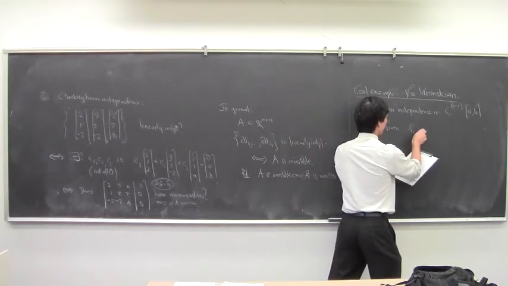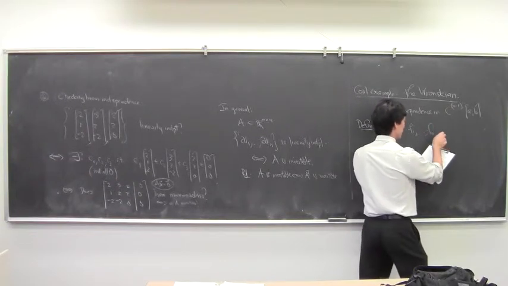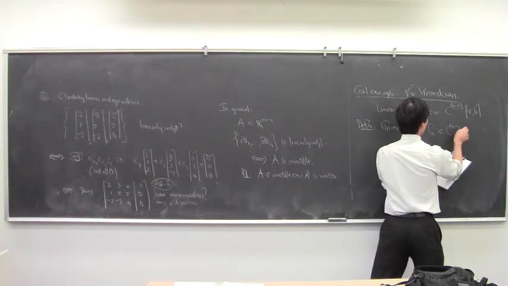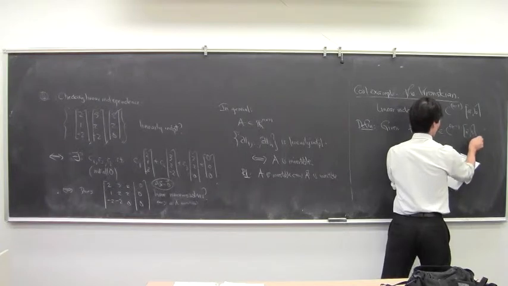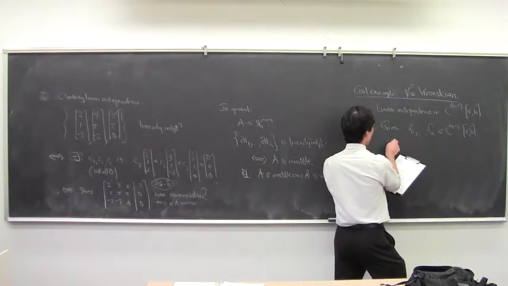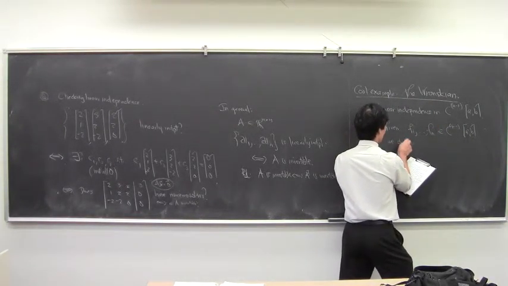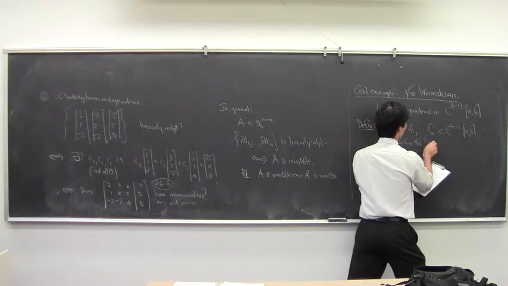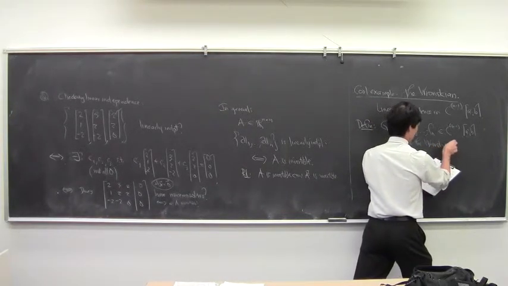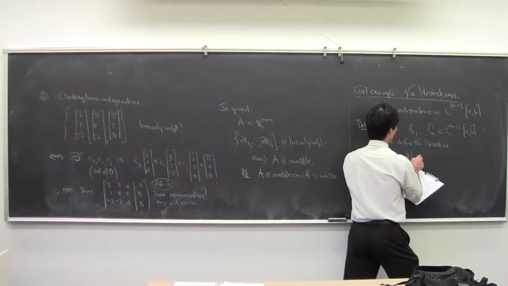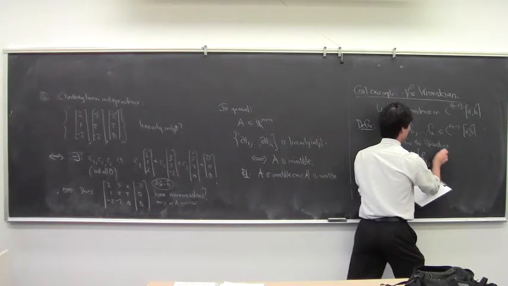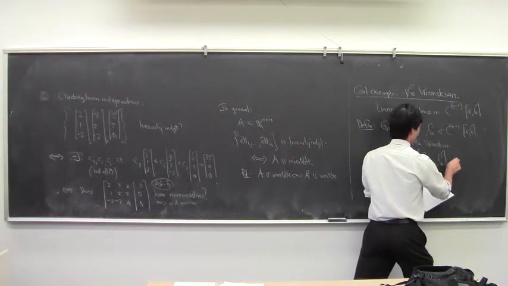a teacher. Given n functions in C^(n-1) on AB, we define the Wronskian W of f1 to fn as a new function.